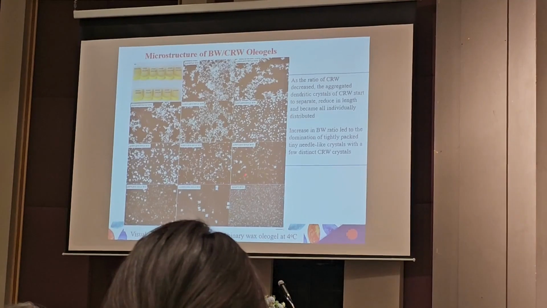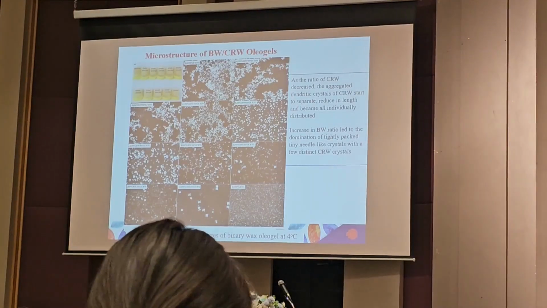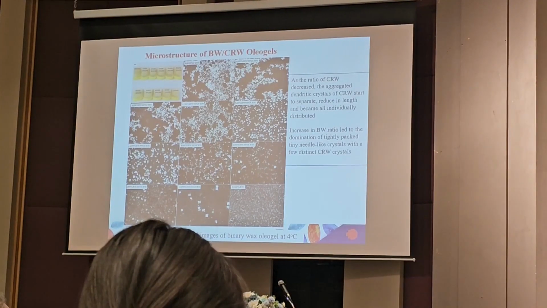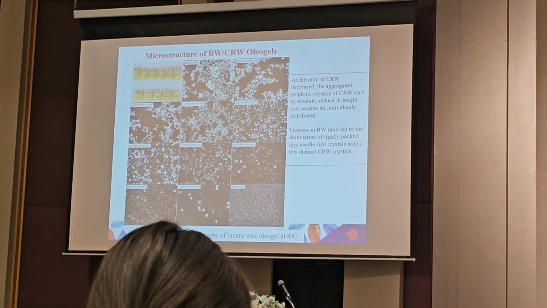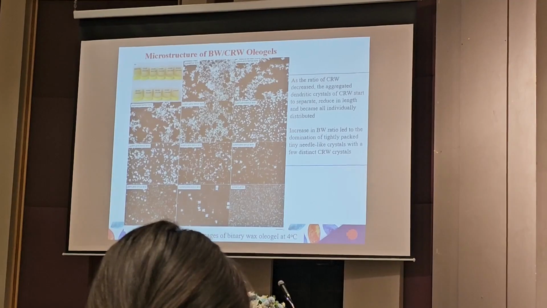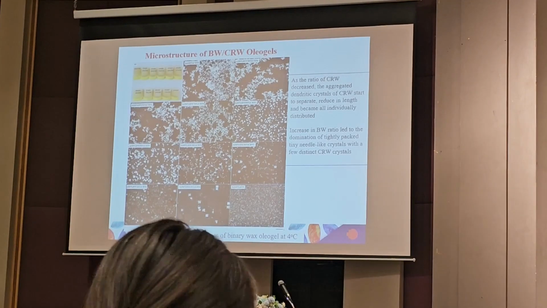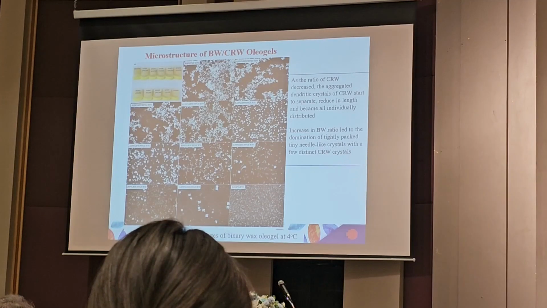But if we go to the middle, we can see that we don't have this big aggregated area, and crystallization of carnauba wax seems to be affected by beeswax, and perhaps that's the reason we saw that major change in the hardness of the system that we saw earlier on the texture analysis data.